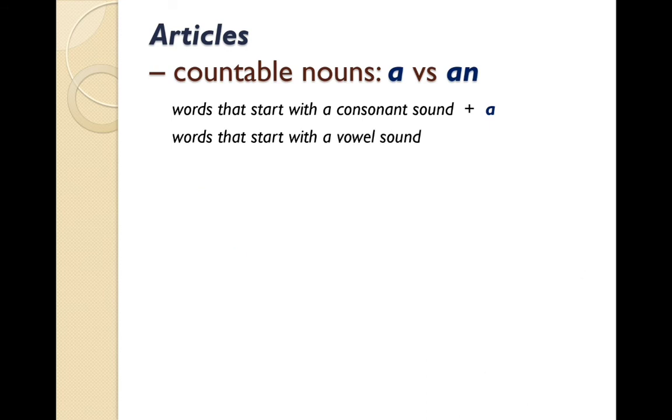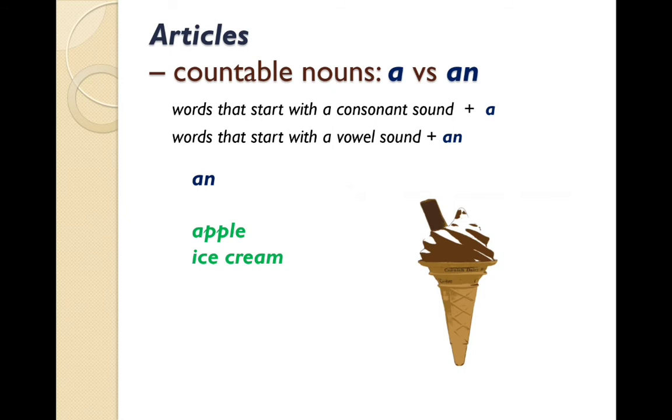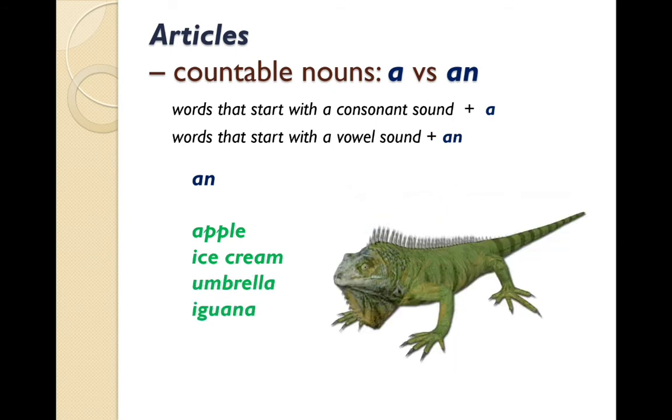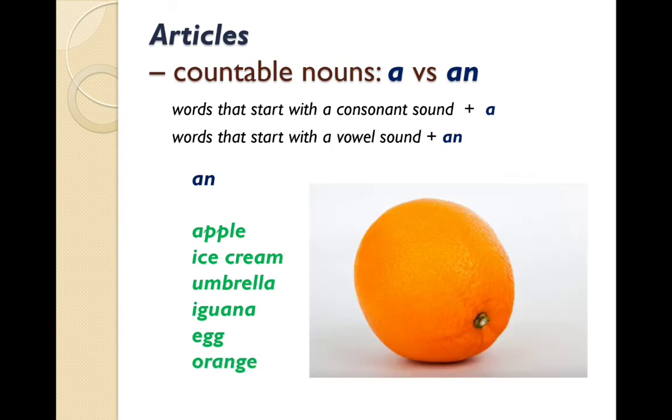Words that start with a vowel sound, so that's the a, e, i, o, u, we use an: an apple, an ice cream, an umbrella, an iguana, an egg, an orange.